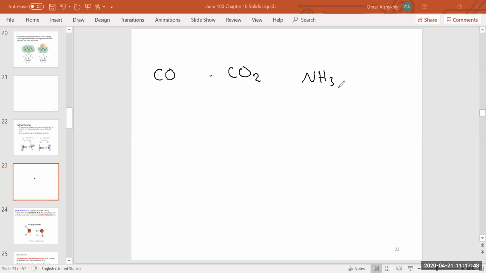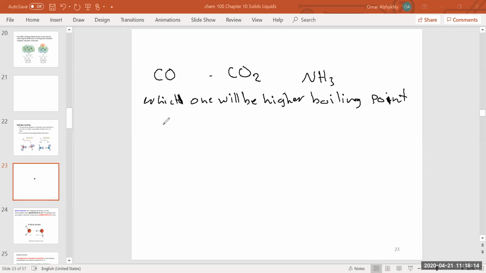Which one will have the higher boiling point? Guys, it's better if you remember how to draw the Lewis structure.